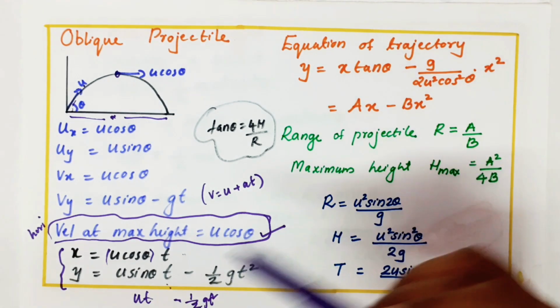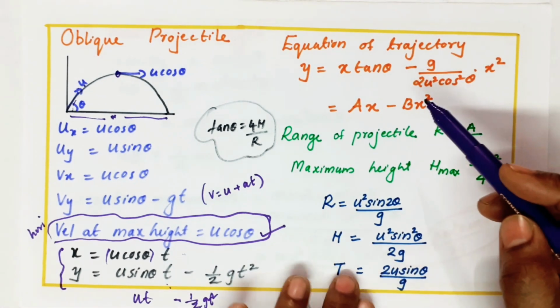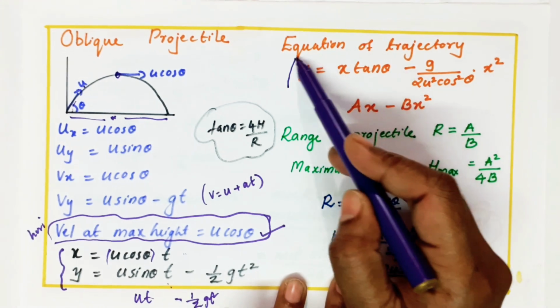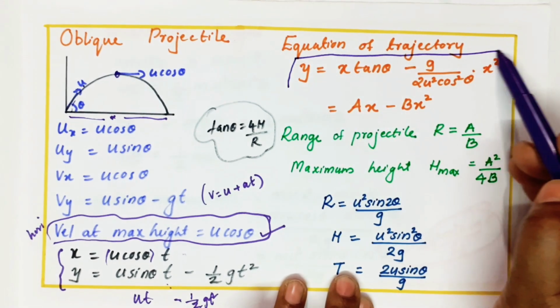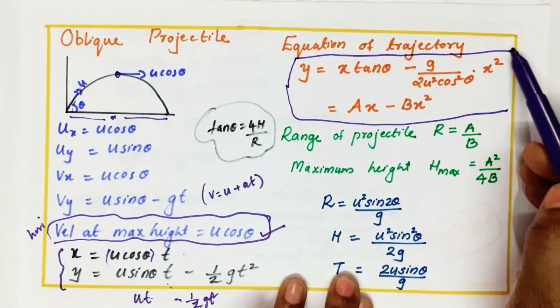Clear? Now, if you substitute the value of t from the first equation into the second equation, you get a very important point: y equals x tan theta minus g by 2u square cos square theta into x square.